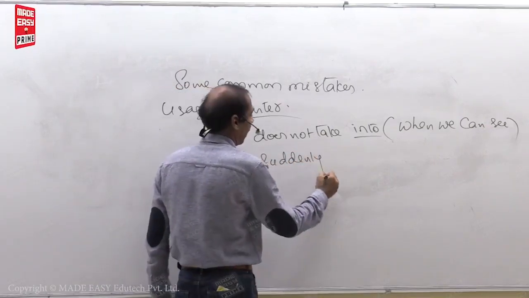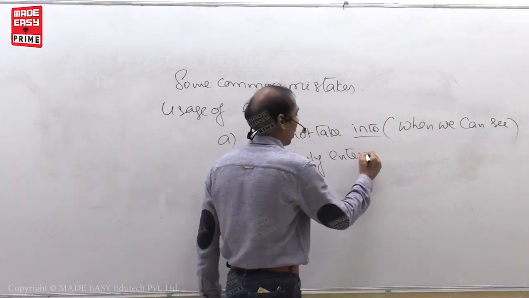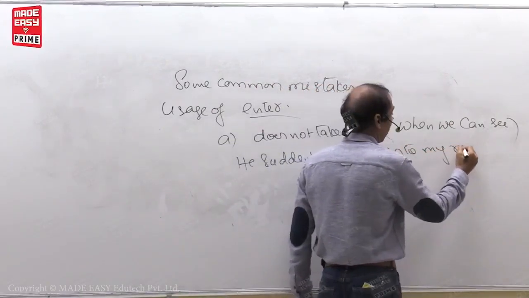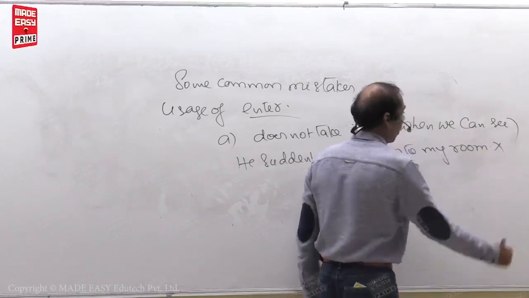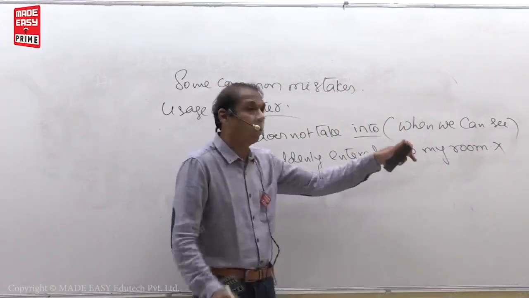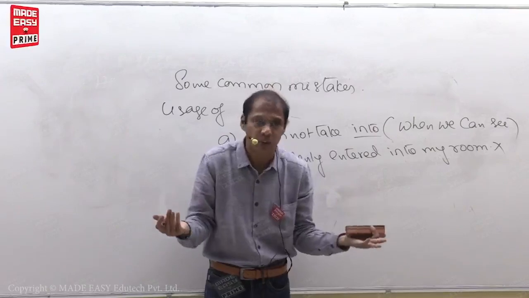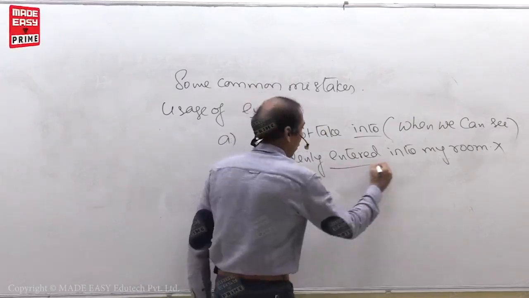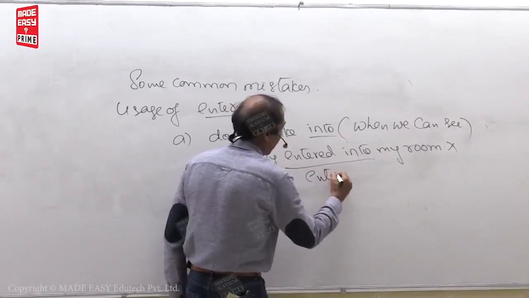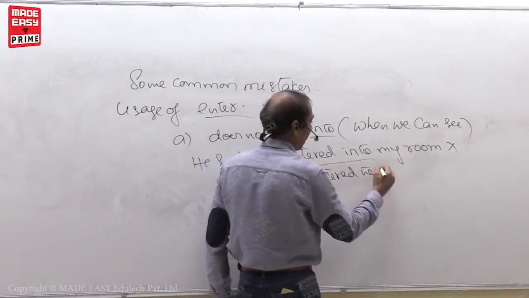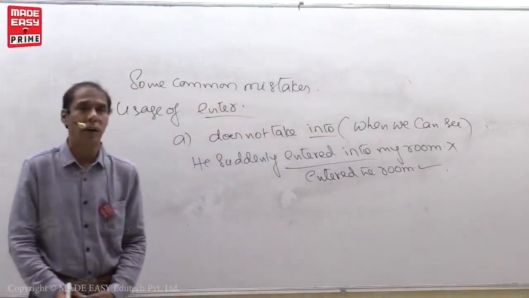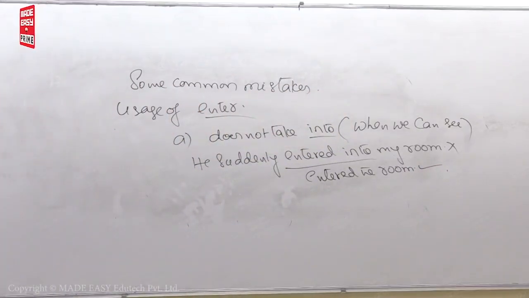He suddenly entered into my room. This is wrong. Why is this wrong? Room. Can we see the room? Yes, we can see. When you can see like this, don't use into. What you have to say? Enter the room. That's all.